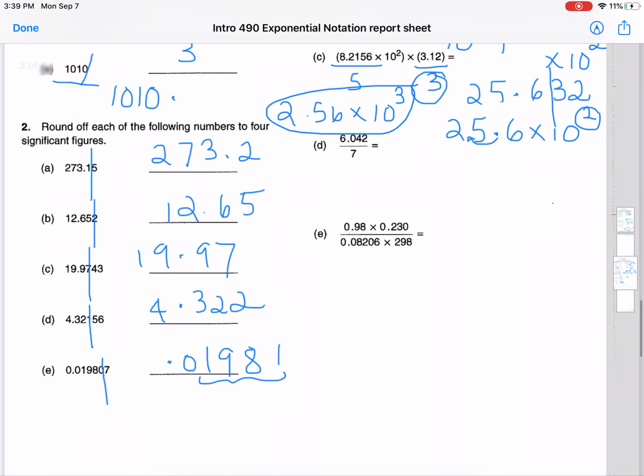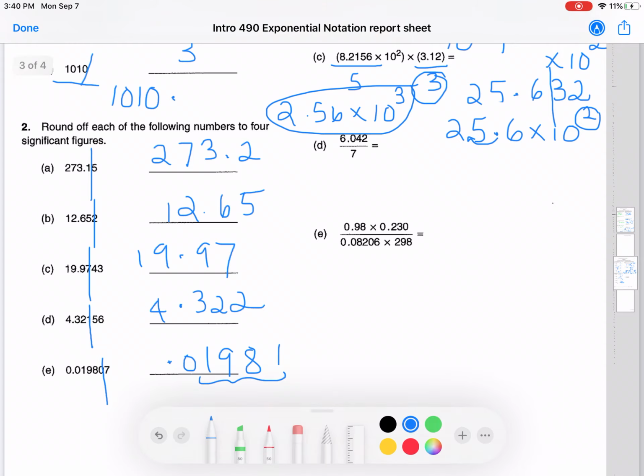And then the next one, 6.042, you divide by 7. Now in this one, it's again a division. How many significant figures do you have here? 4.